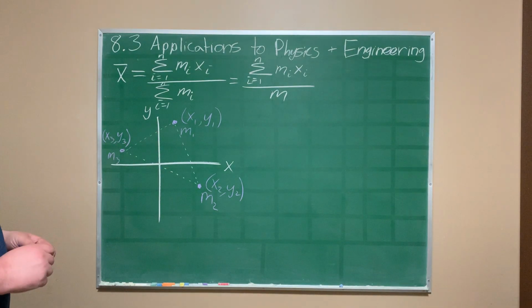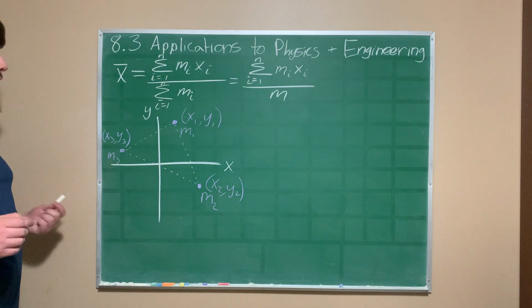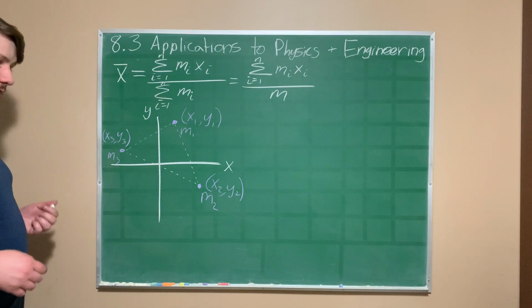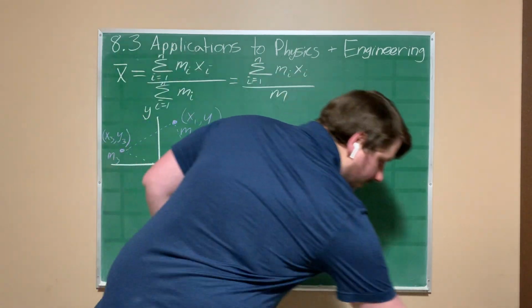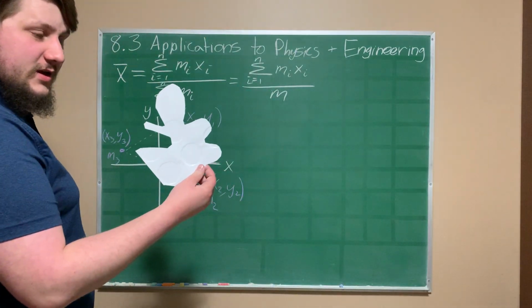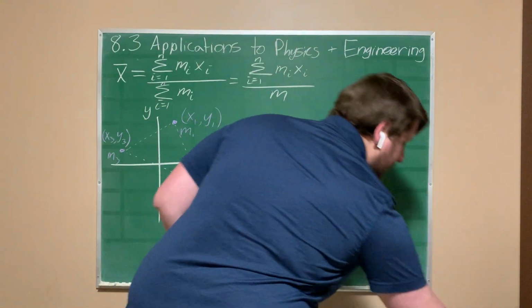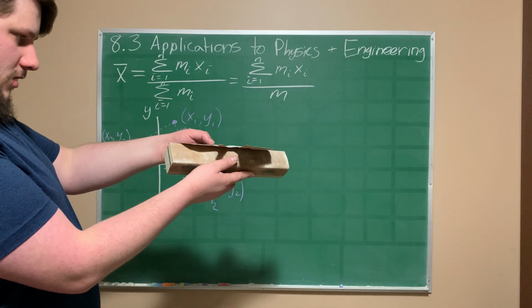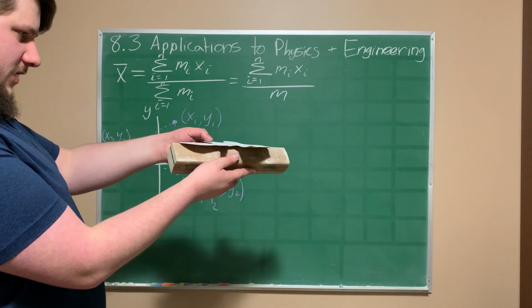One of the ways that we're going to figure this out is to talk about the moment of this shape with respect to the x and the y axis. So imagine that we have our laminate that we're interested in here, and we're not just trying to balance it on a point, we're trying to balance it on a line. So you try to find a line, something like this.